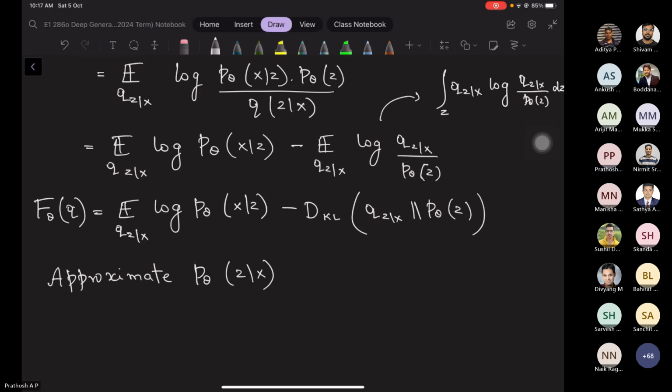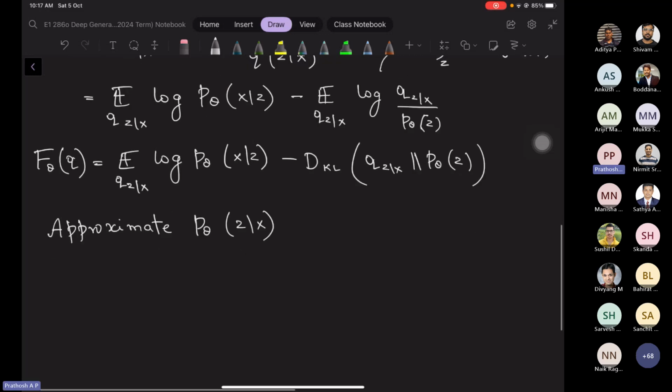So what's important now is that you approximate p theta of x given z and q of z given x using neural networks.